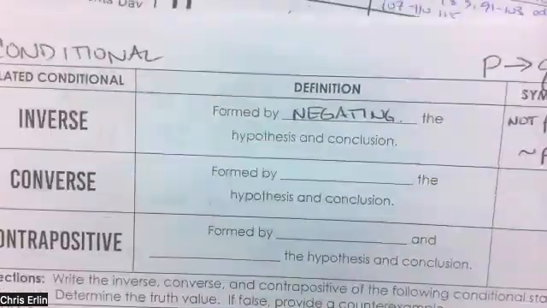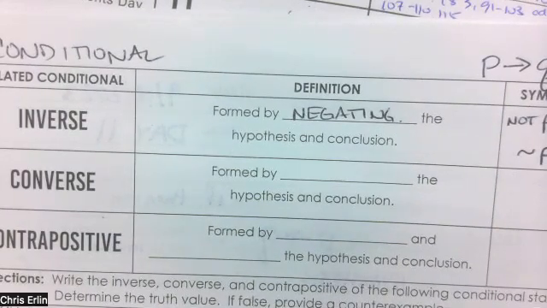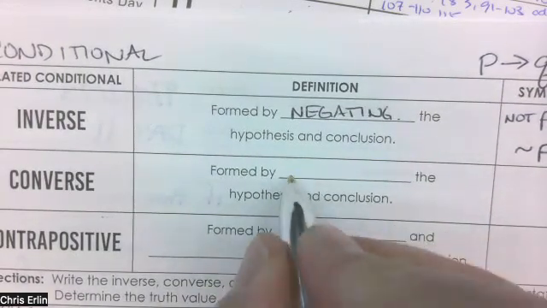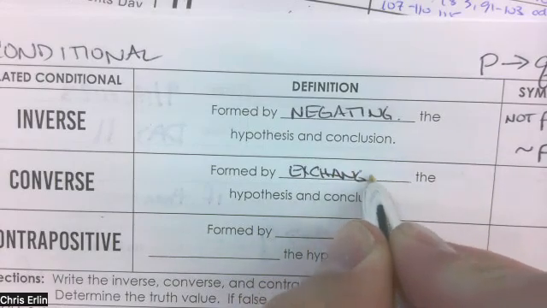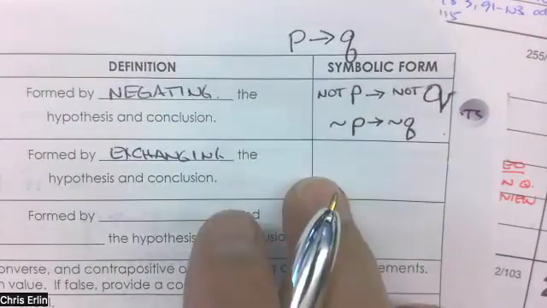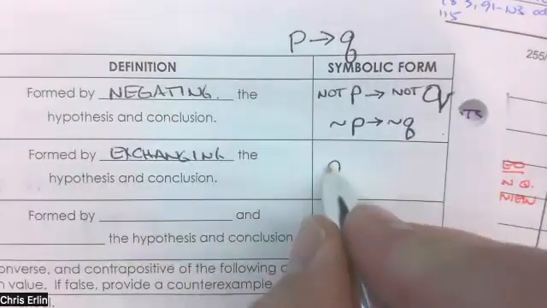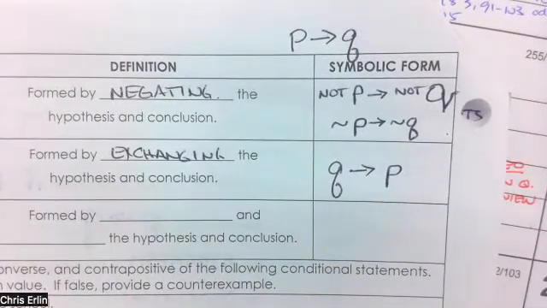Next one is the converse. What do you guys think of when you hear the word converse? Shoes, of course, right? So the converse is the exchanging of the hypothesis and conclusion. So instead of P implies Q, the Q comes first now, and the P follows it.